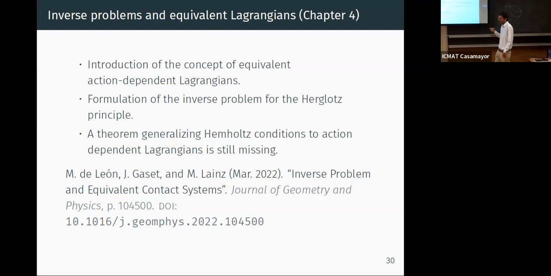A partial solution of this problem in the classical case is the Helmholtz condition. The Helmholtz conditions are just some equations on the coefficients of your system that, if they satisfy these conditions, you can say whether these dynamics come from a variational principle or not.